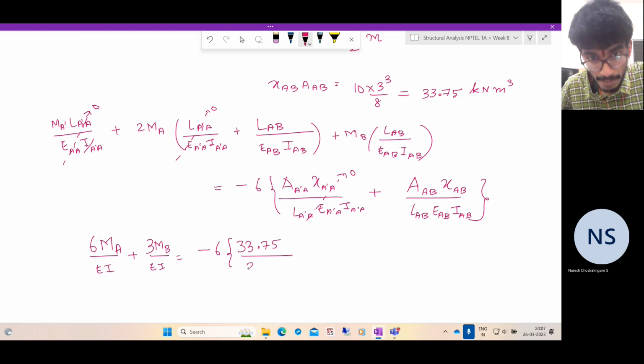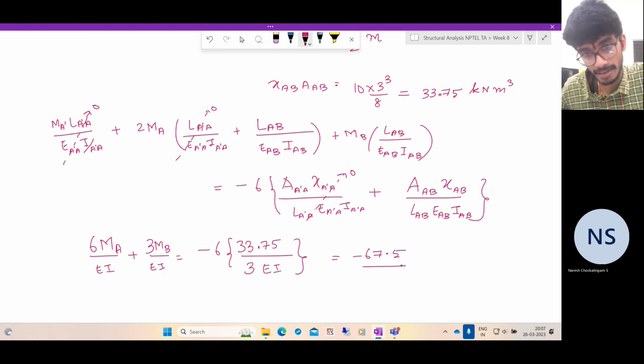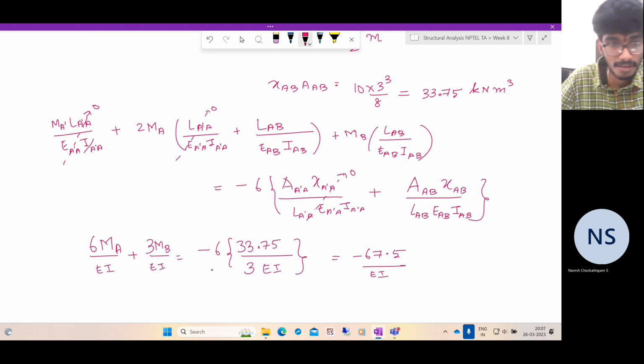What is LAB? LAB is 3 and EA is just EI. So 33.75 by 3 is something like 11.25. 11.25 into 6 is minus 67.5 by EI. So you can cancel out EI everywhere.